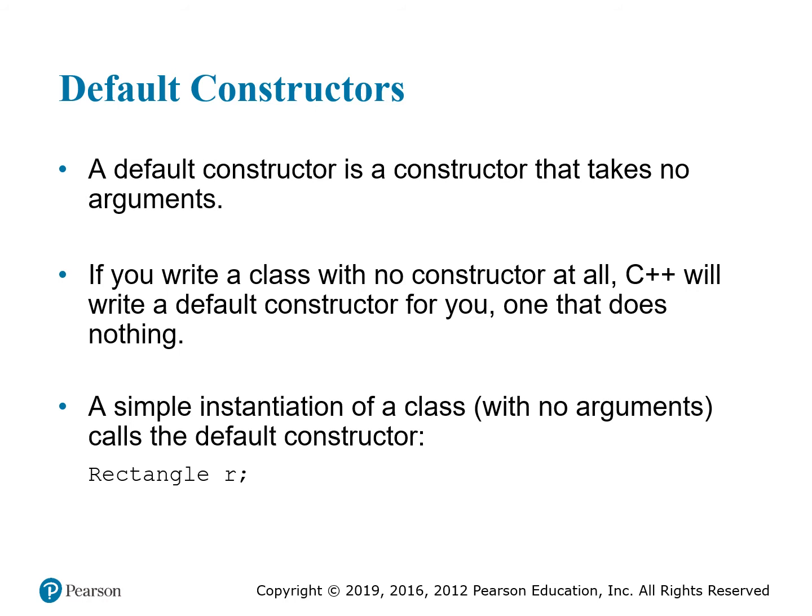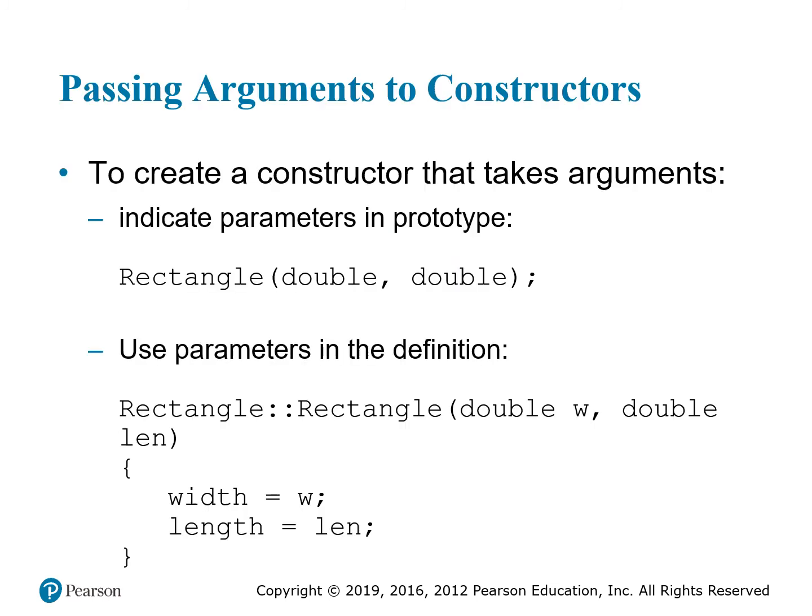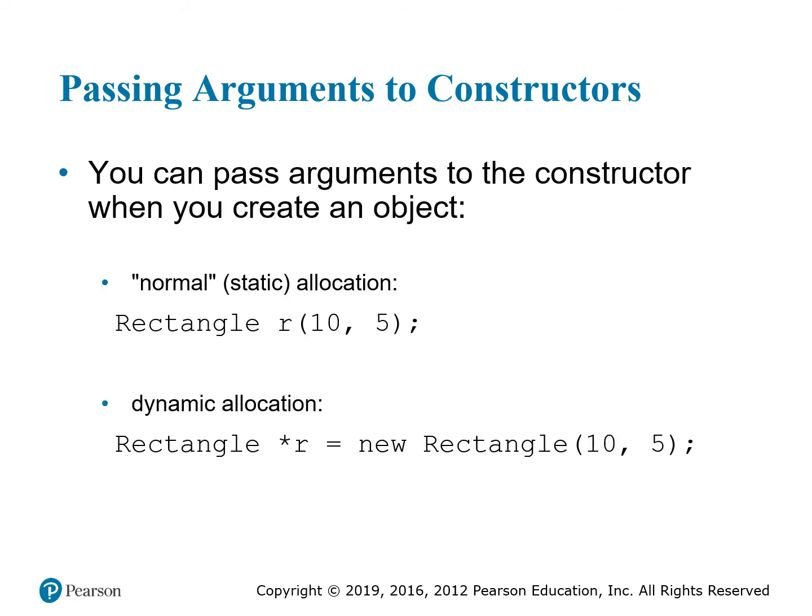Okay. If you simply create an object on a line of code by saying Rectangle r, that calls the default constructor. It's as if you wrote Rectangle r with parentheses and no parameters there. If you want to pass, say, a width and a length to your rectangle constructor, you call it this way.